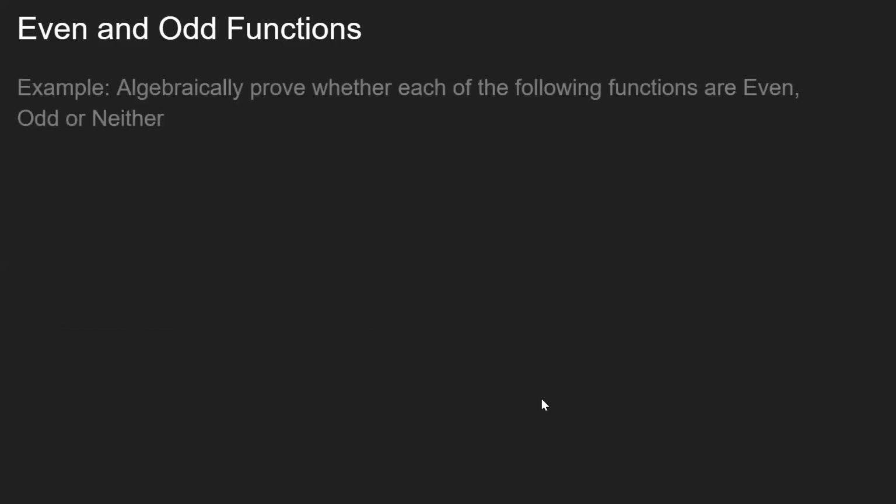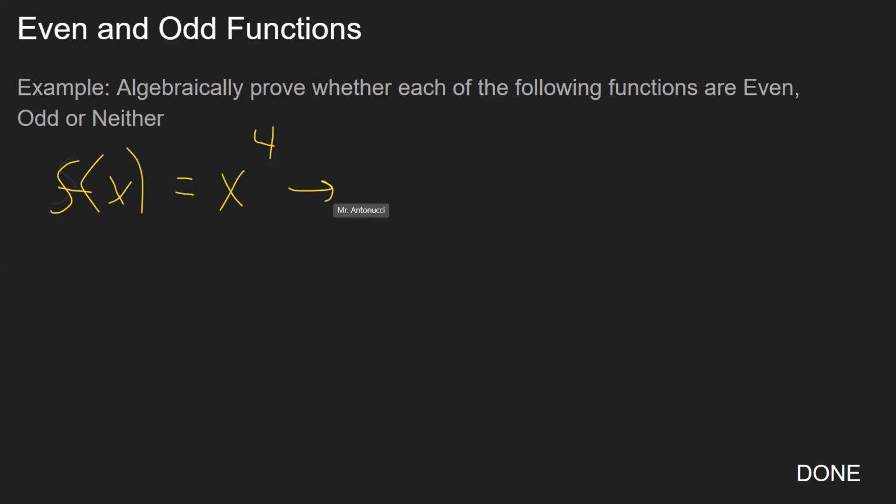All right, so let's do a couple examples about how to prove algebraically whether a function is even, odd, or neither. Let's start with f of x equals x to the fourth. If you plug in the opposite of x, that's going to be negative x to the fourth power, and you're going to multiply 4 negative x's together.